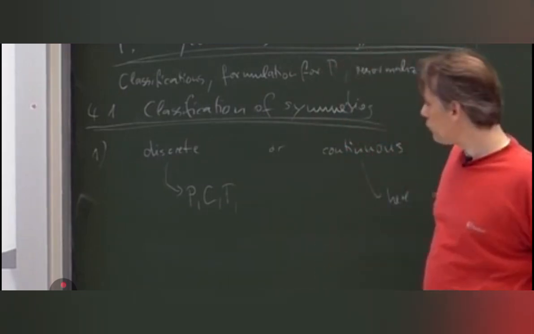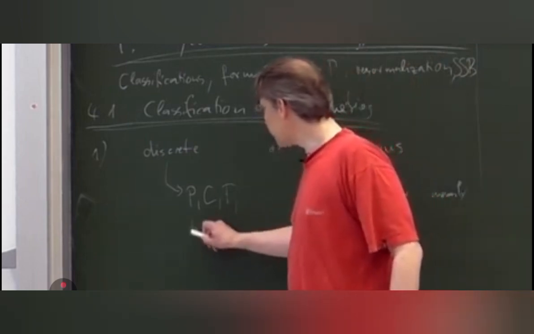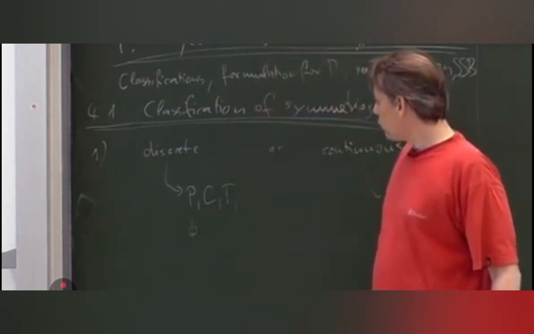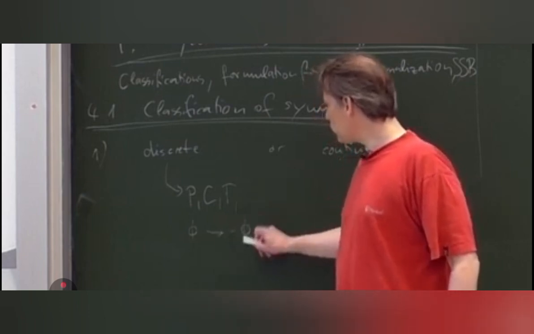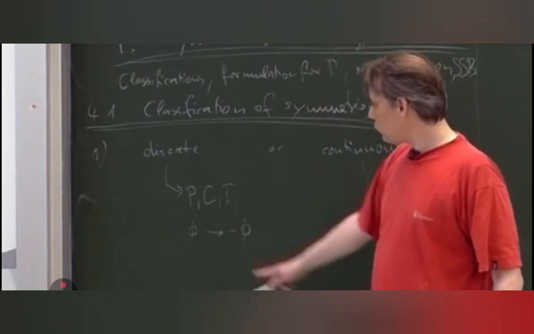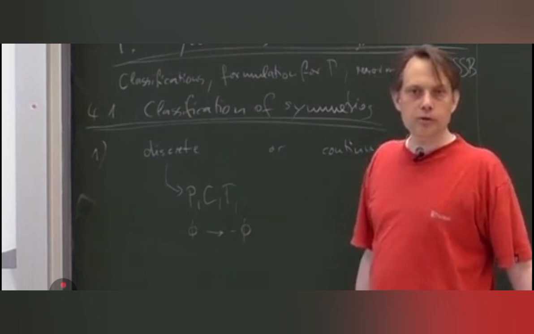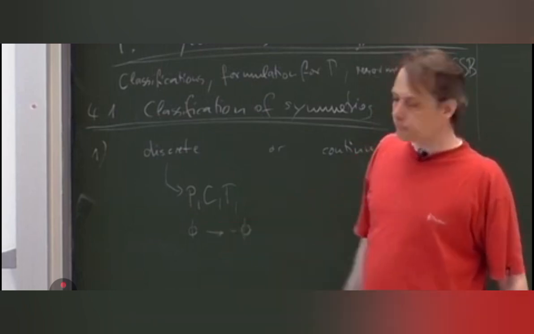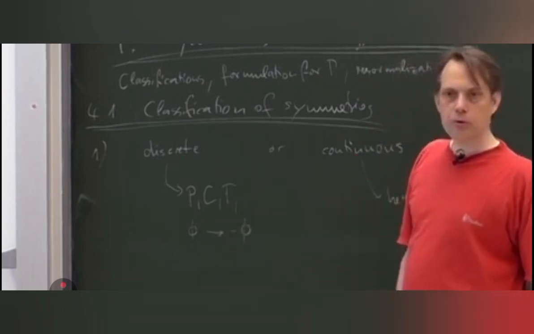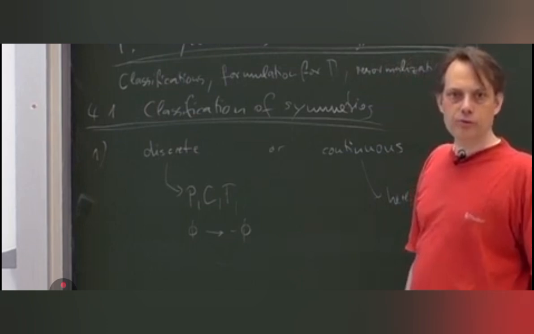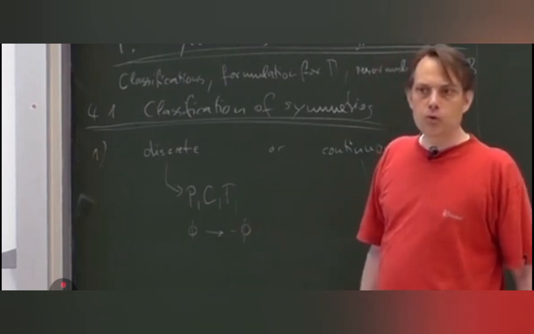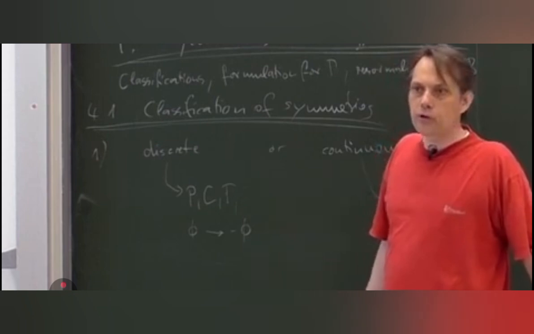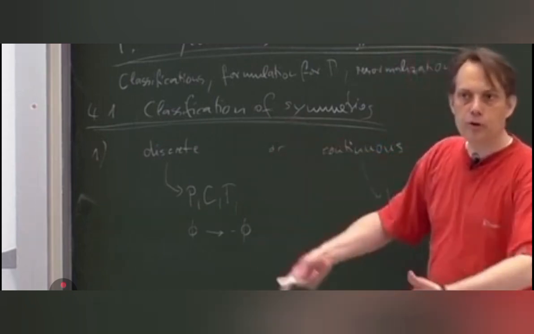For example, in the phi to the 4 theory, if you flip the sign of the field, then the Lagrangian stays invariant. It is a real field, but the Lagrangian contains only phi square and phi to the 4. Therefore, it is invariant under a flip of the sign. So that is a discrete symmetry of the Lagrangian, and that symmetry has, of course, consequences.